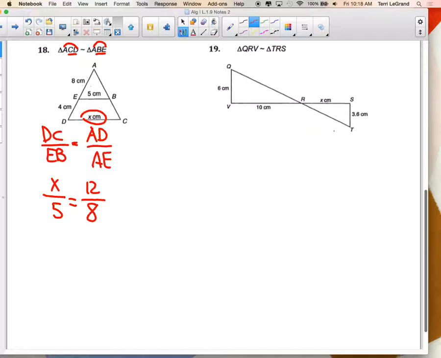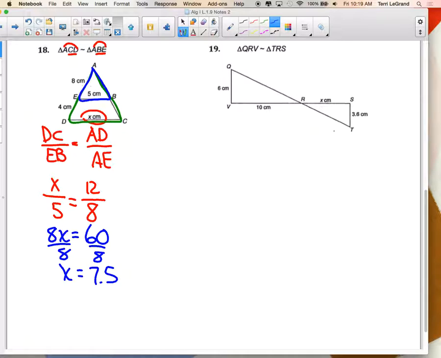We have this big triangle that is working together with the smaller triangle right there, okay? Go ahead, solve that. What is x equal to? You tell me. 7.5 centimeters, okay? And I think I would have to agree with you.